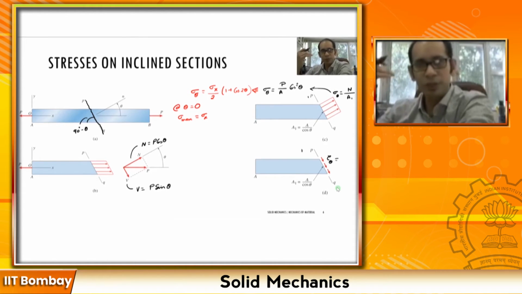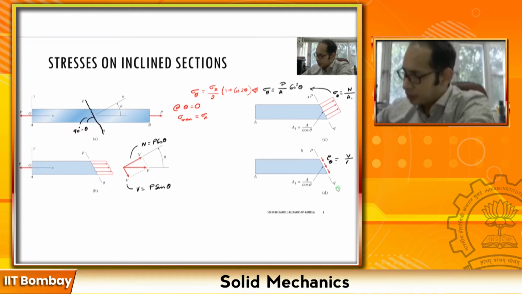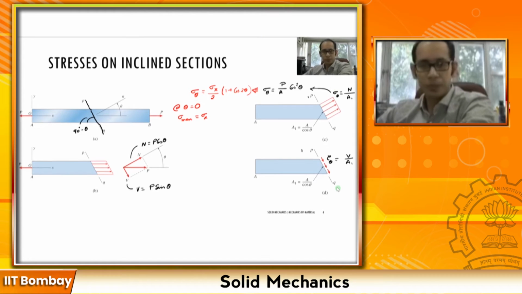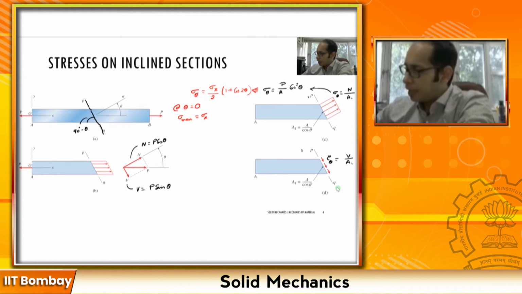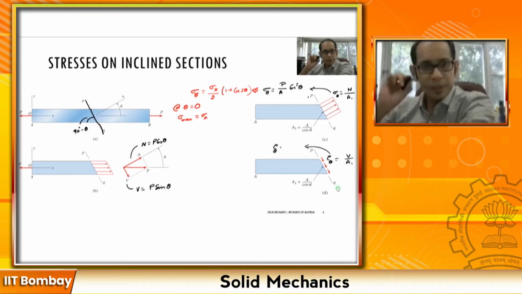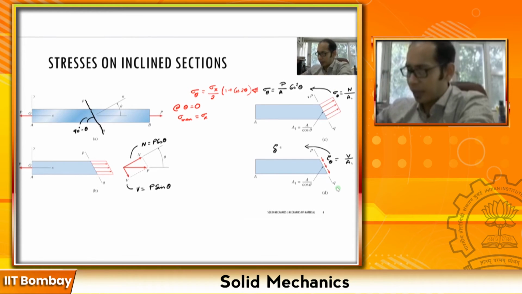Tau is also a stress, so it is the force divided by the cross-sectional area, so that is V divided by A1, right? Now if I write this a bit further, tau of theta, V, remember, is P sine of theta, and I have A1 below.